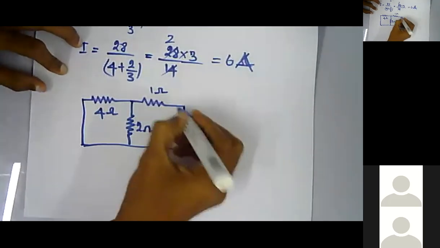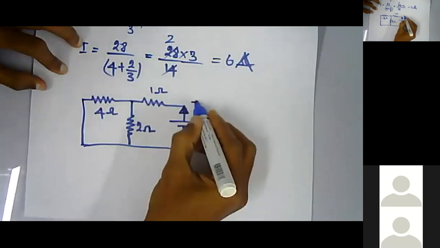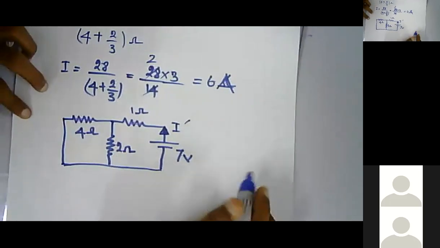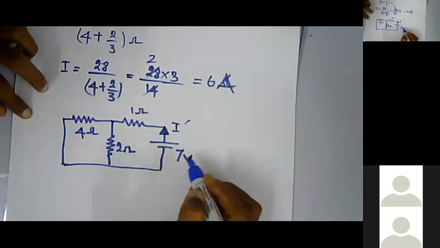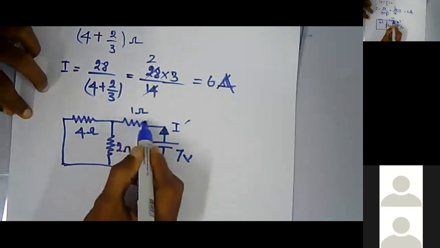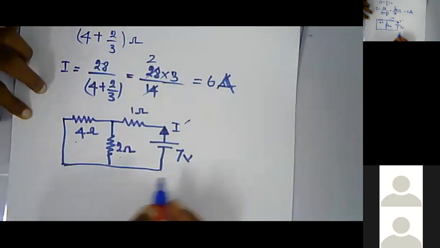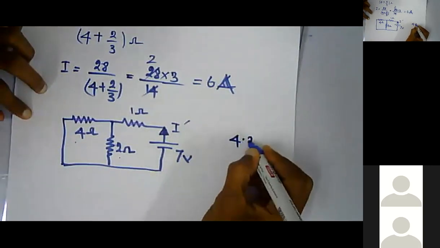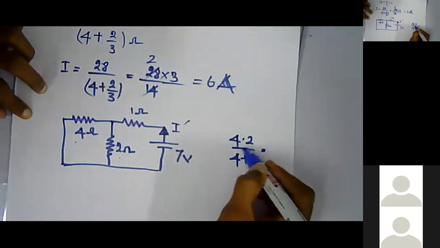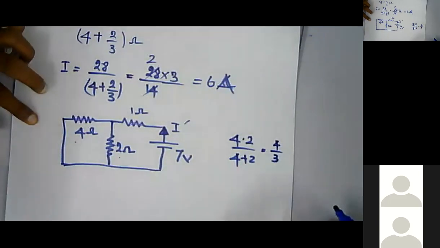Now you are going to have a current, let's call it I dash, so as not to confuse it with the I used before. This I dash is equal to 7 over 1 ohm plus this 4 parallel 2. So 4 parallel 2 becomes 4 times 2 over 4 plus 2, which is 8 over 6, so 4 over 3.